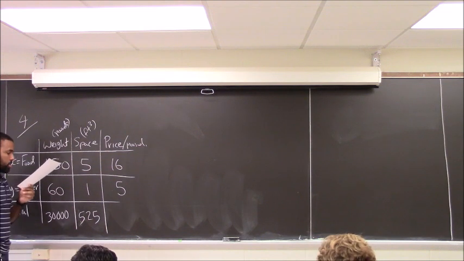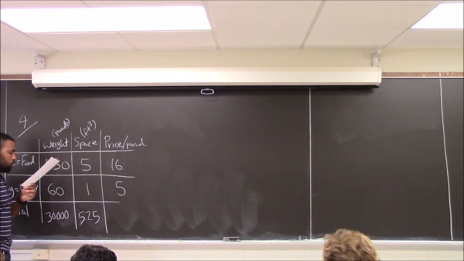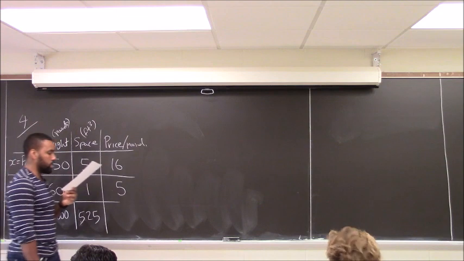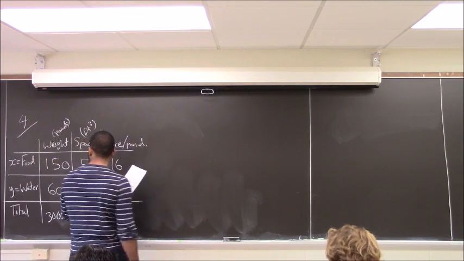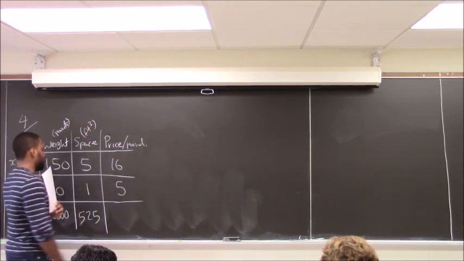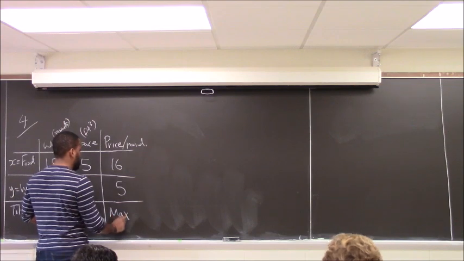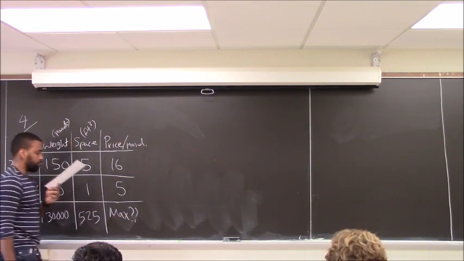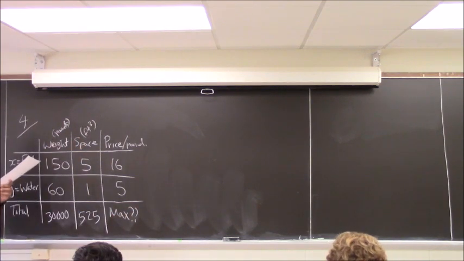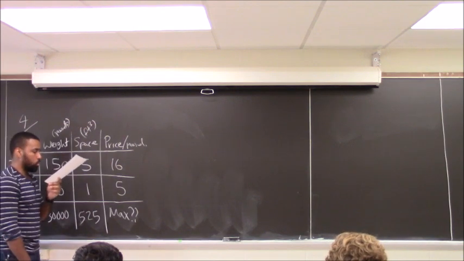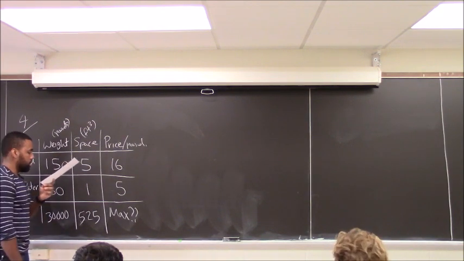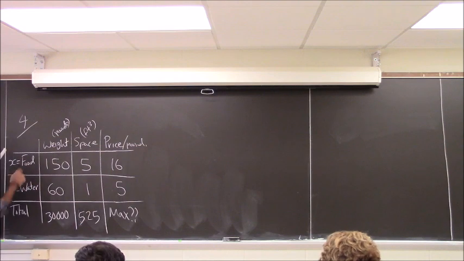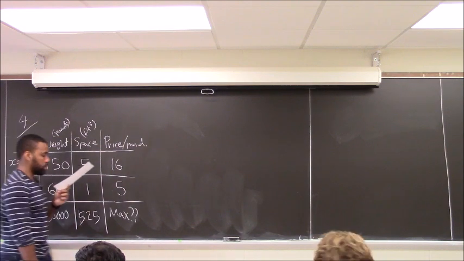What is the optimal number of containers of each item that will maximize the revenue generated by the plane? So basically we want the max here. And what is the maximum revenue? Let X equal the number of food containers and Y equal the number of water containers.